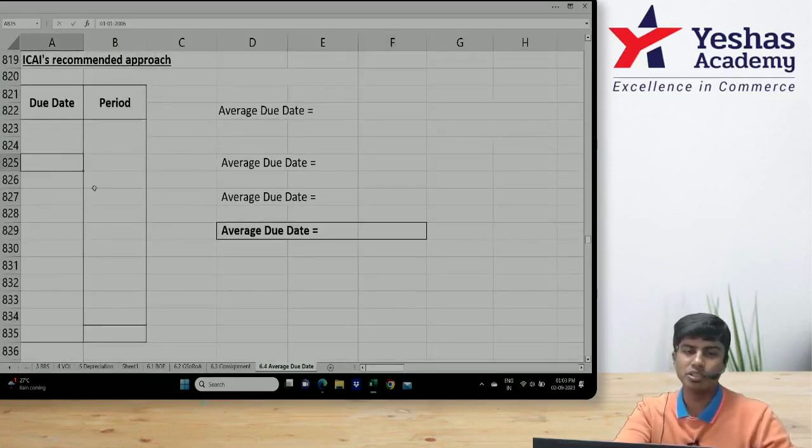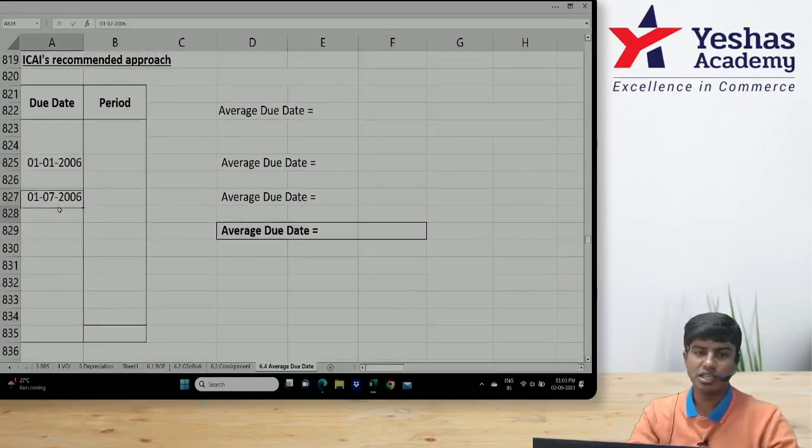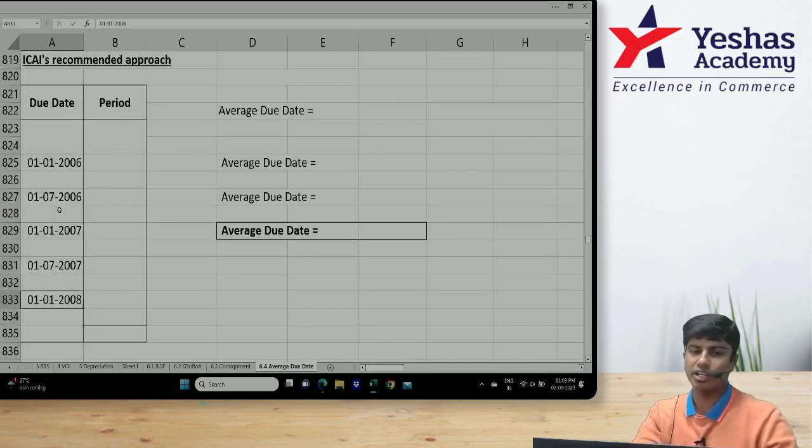ICA recommended approach. They take 1st of January 2006, 1st of July 2006, 1st of January 2007, 1st of July 2007, 1st of January 2008. Amounts are the same, don't consider. But the base date is 1st of January 2005.